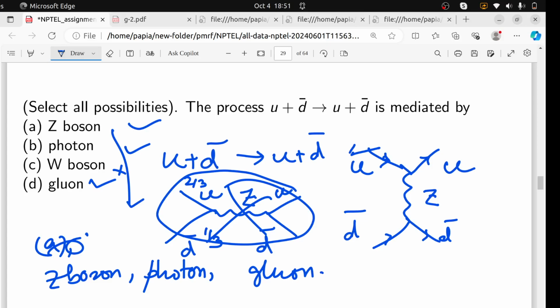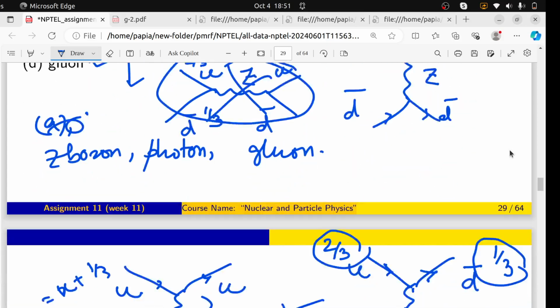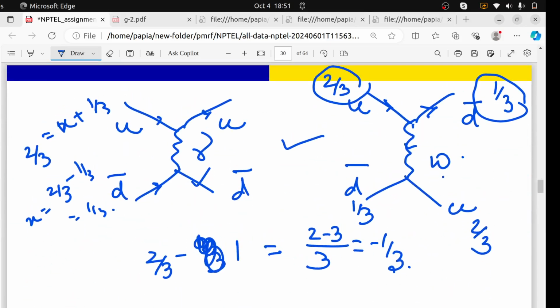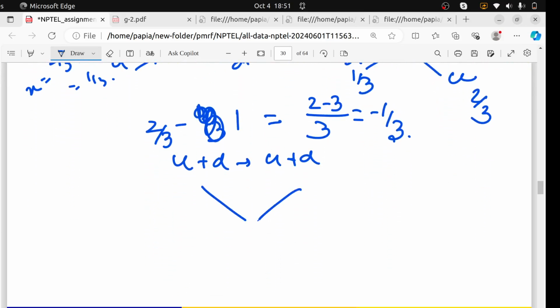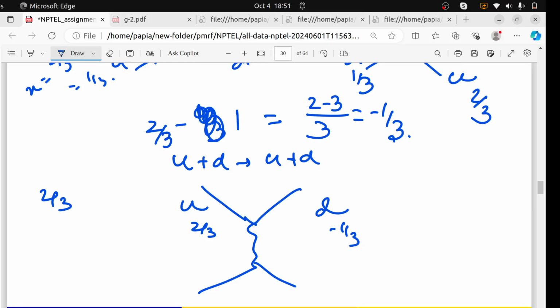Actually, in some interactions, Z boson can also participate through this type of interaction, as I told, U, D bar and all. Let's say I am talking about U plus D going to U plus D. In this case, W boson should be there. U is 2 by 3, this is minus 1 by 3. So 2 by 3 minus 1, 2 minus 3, yes, minus 1 by 3.